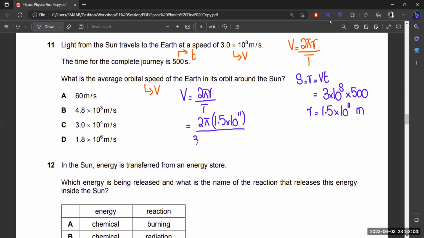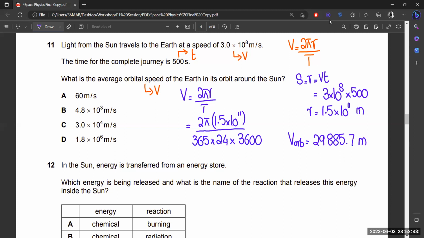The time period is equal to 365 days, and in 1 day there are 24 hours, and in 1 hour there are 3600 seconds. By calculating the value, we will get the final answer, the average orbital speed, which is 2885.7 meters per second.